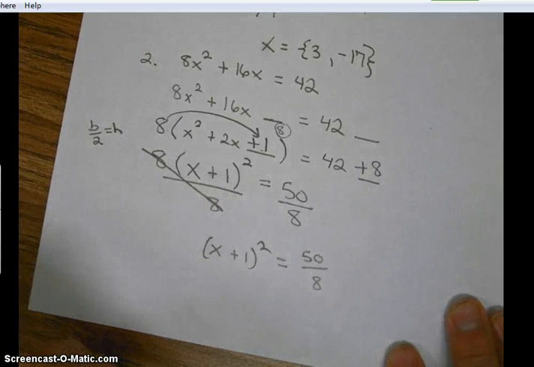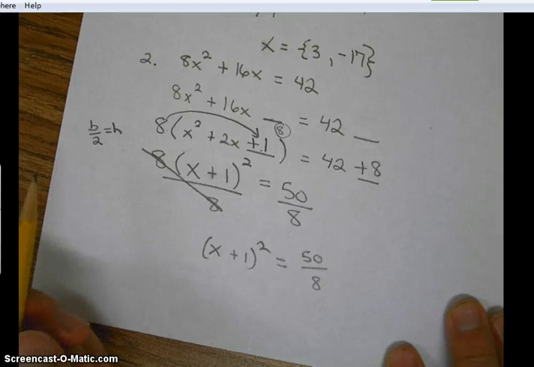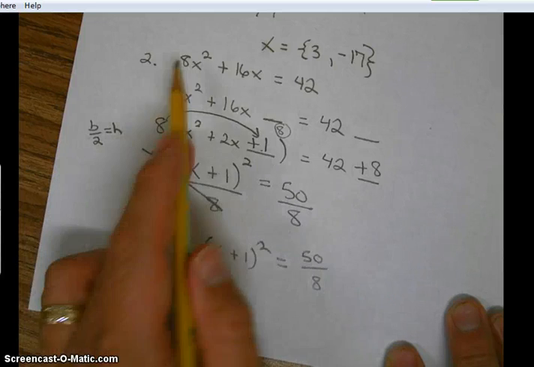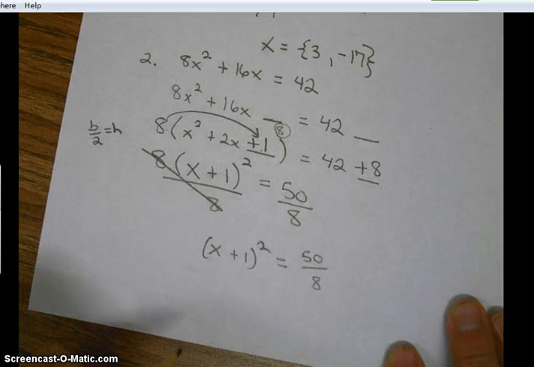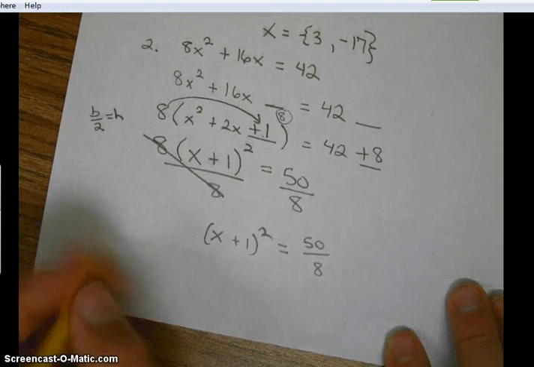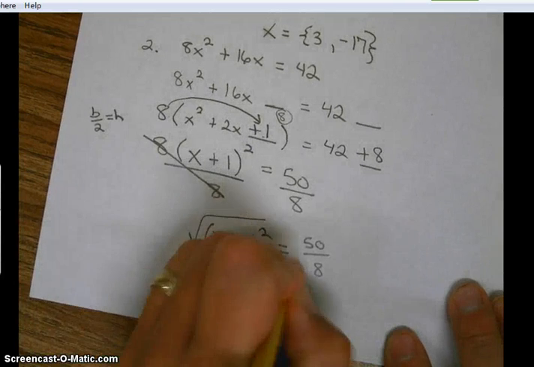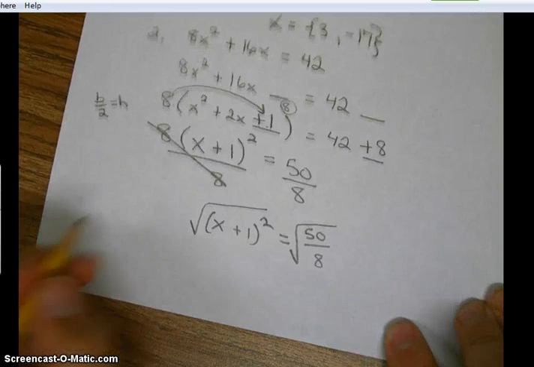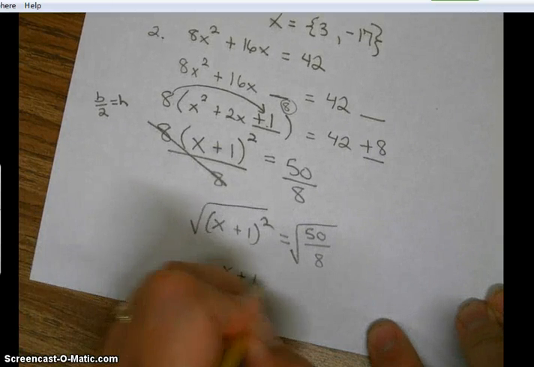I feel like I did something wrong. I don't know why. Well, let's just keep going. We'll see what happens. Square root both sides. We're going to have x plus 1 equals.